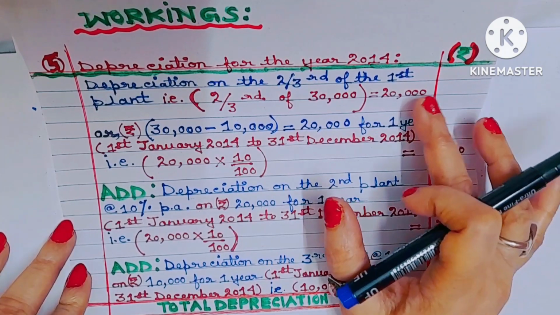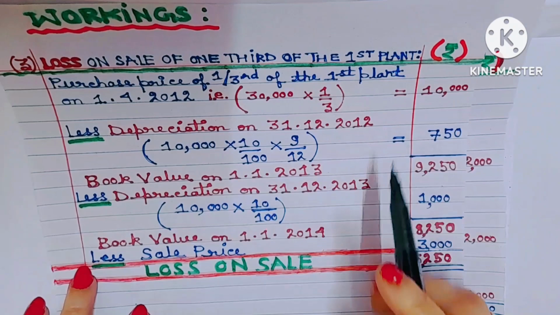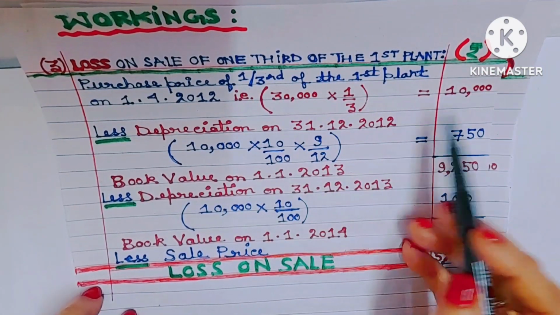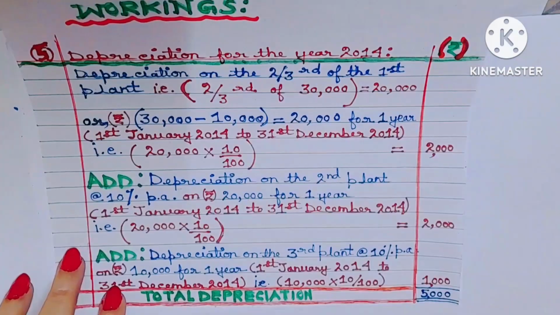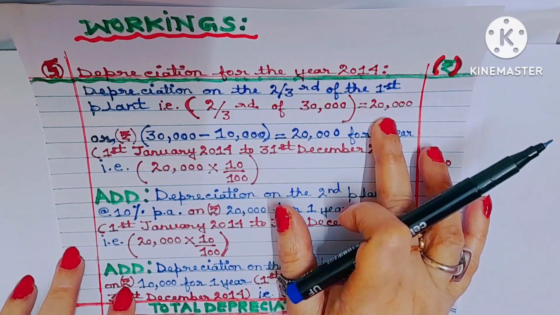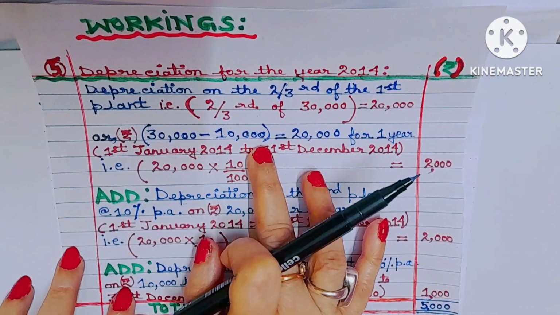So there's another way. 10,000 has been sold. Purchase price of 1/3 of the first plant was 30,000 into 1/3 is 10,000. So 1/3 of 30,000 is 10,000. So remains what? 30,000 minus 10,000 will give you 20,000.